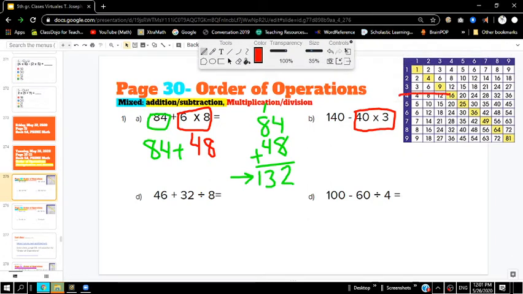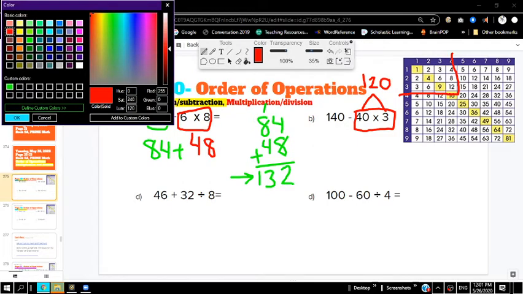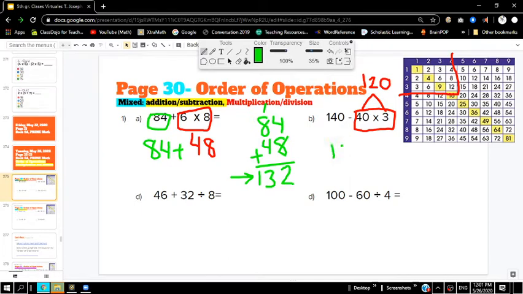So since 4 times 3 equals 12, this is going to be 120 because we're multiplying it by a factor of 10. So then I just take 140 minus 120. 140 minus 120 equals 20. All right, so there's your answer for your second problem.